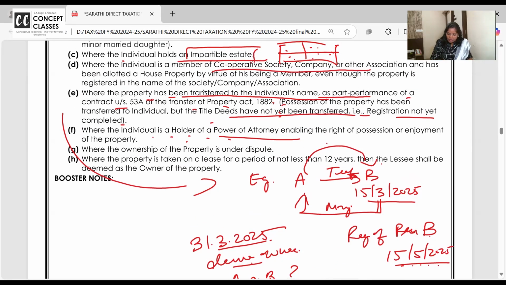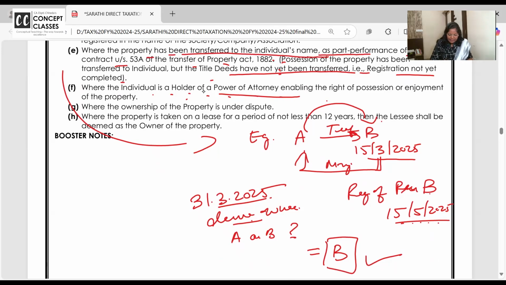When the individual is a holder of power of attorney, आपको बता दिया. Where the ownership of the property is under dispute. Beautiful. A and B are say co-legatees, co-trustees, or the property is given on rent, but लड़ाई चल रही है, dispute चल रहा है. A is saying I am the owner, B is saying I am the owner, and property disputes go on for years.